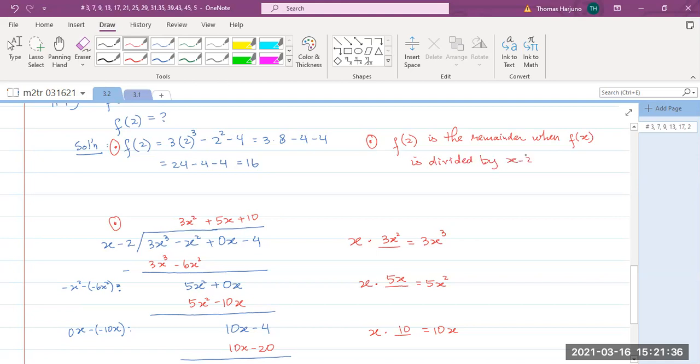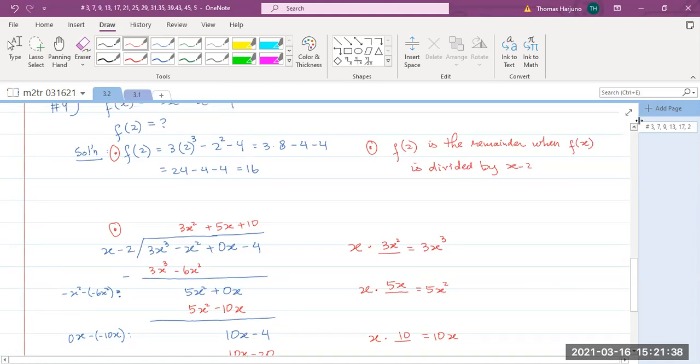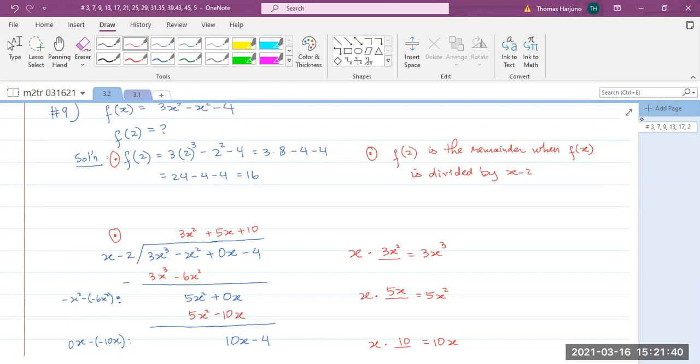Now, on the other hand, we know we can divide a polynomial using synthetic division if the divisor is x minus c. In other words, now I can divide that polynomial f(x) by x minus 2.